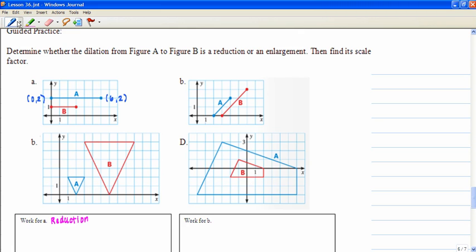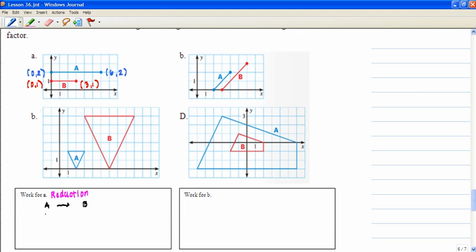Two. B has endpoints 0, 1 and 3, 1. So down here in the work area, I created a little chart.